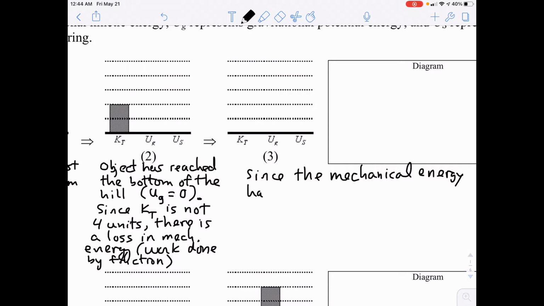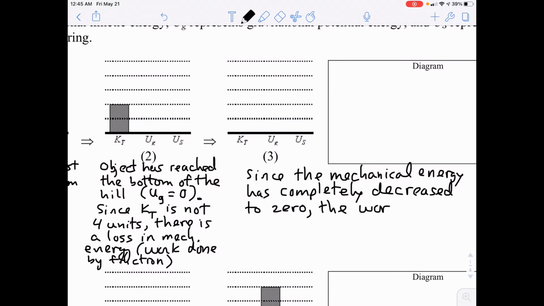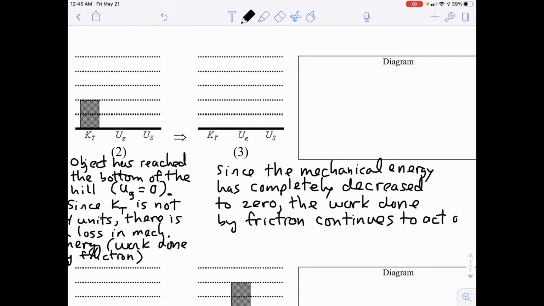Since the mechanical energy has completely decreased to zero, the work done by friction continues to act on the object at the bottom.